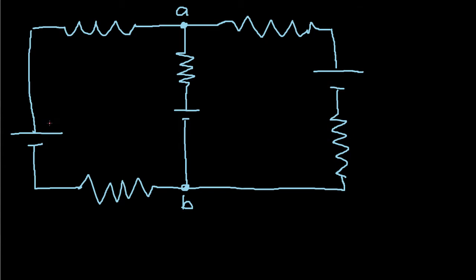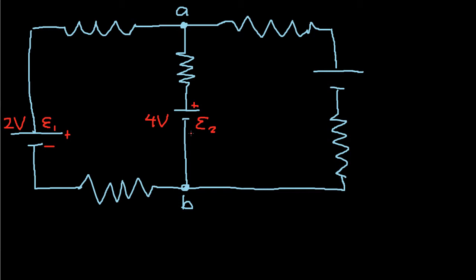So we have our first battery here. We'll label this E1, and it's at 2 volts. This is positive and this is negative. We'll label this one E2, and it has a voltage of 4 volts.